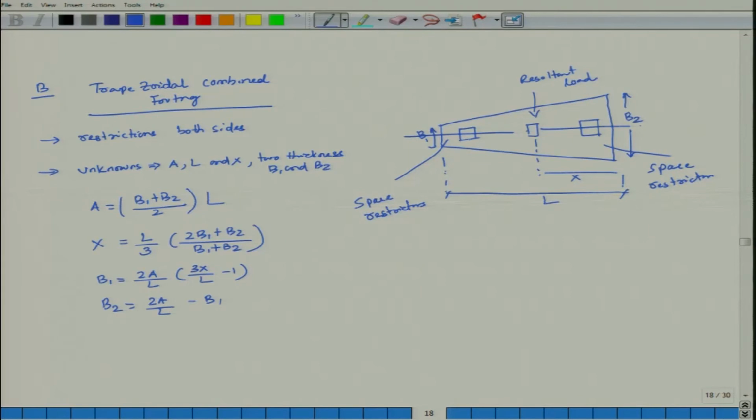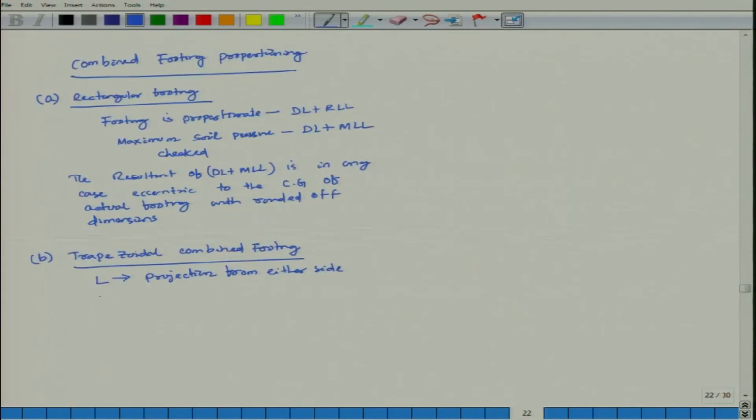If you look here, how much projection you are getting from either side, you consider. Then x, distance to the resultant load, is found by taking moment about edge B2.